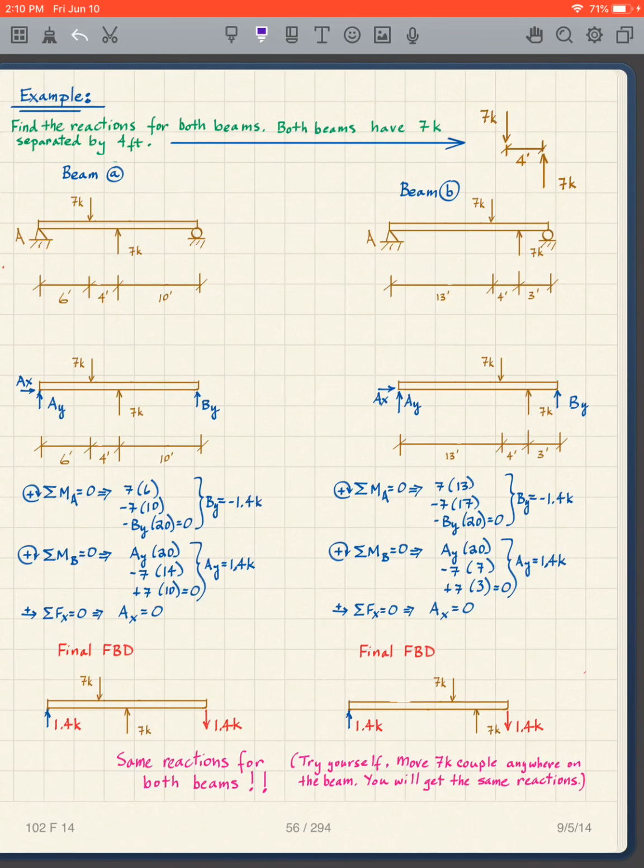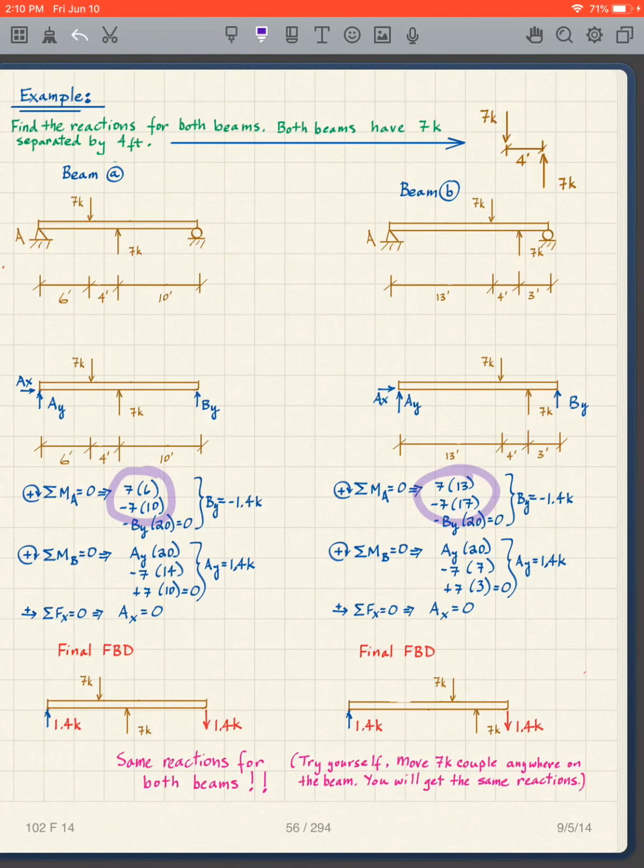Now, if we look at the details of the calculations, we can see why. For instance, that 7 times 6 minus 7 times 10, well, what's the difference? The difference is 7 times 4.